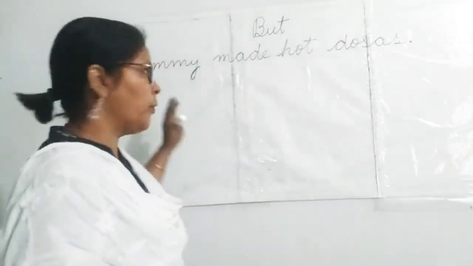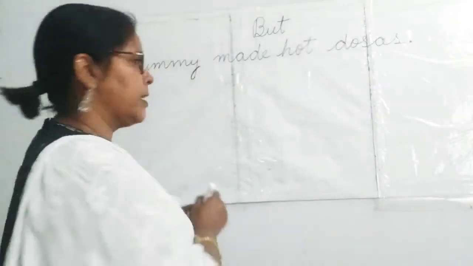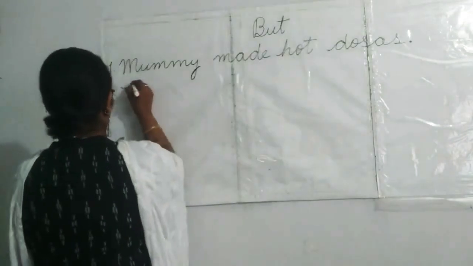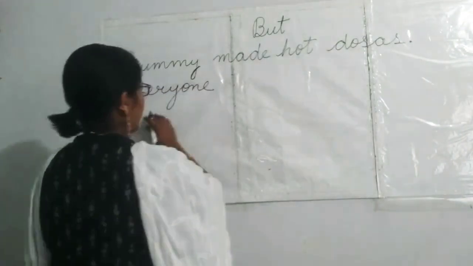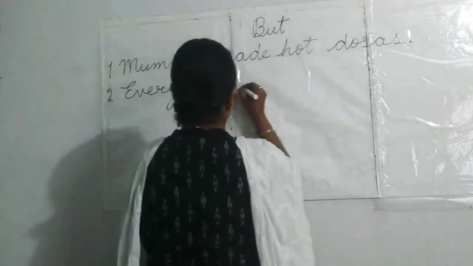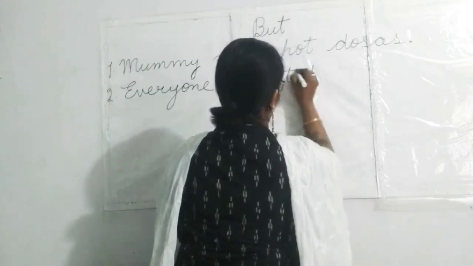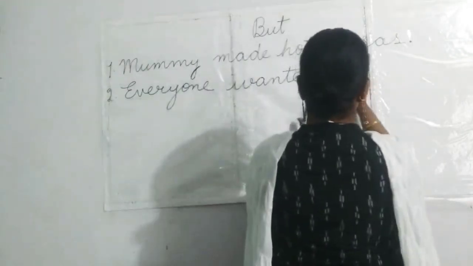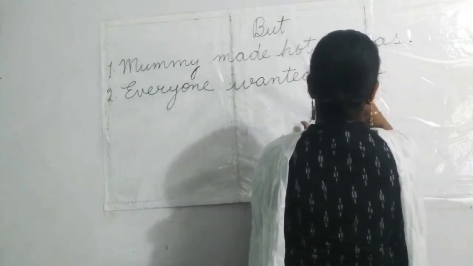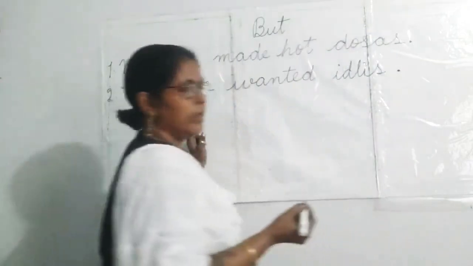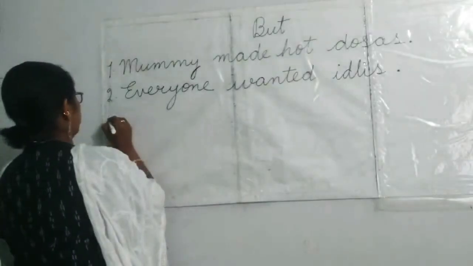Next one, same way we have to write. Mummy made hot dosas. The second sentence. Everyone wanted idlis. Okay. Now we'll write it down using but.